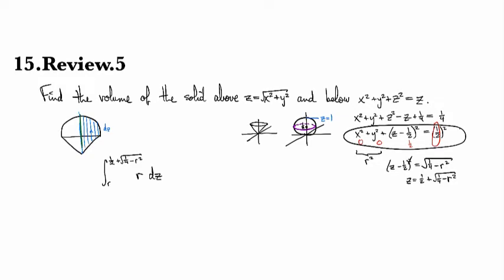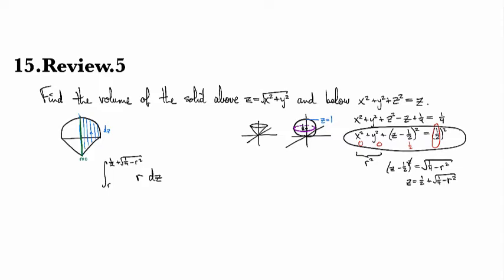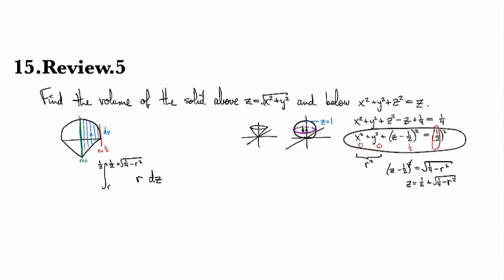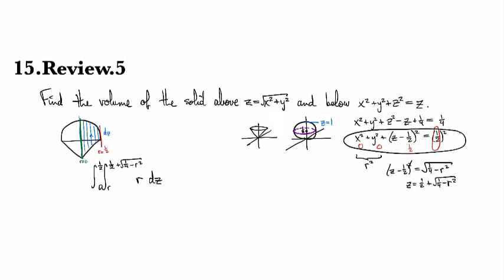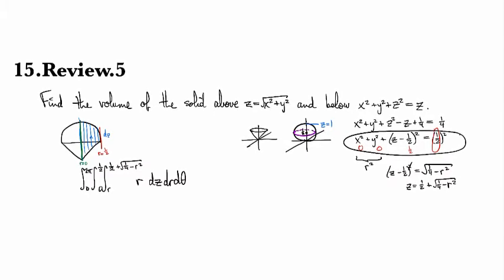Well, this thing contains the z-axis, so it's going to start at r equals 0, and it's going to go outward to, let's see, my last slice was like out here, and so that's at r equals 1/2. So we go from 0 to 1/2, and that's our dr. Theta is going to go from 0 to 2 pi. Okay, so I look at that and I go, oh, ugly. Do not want to deal with.